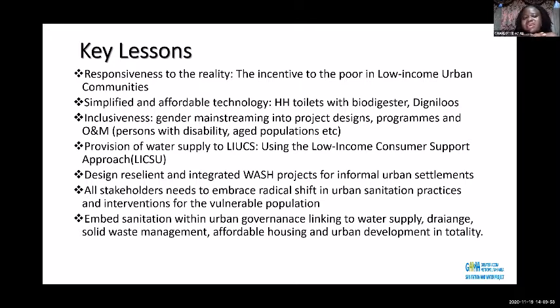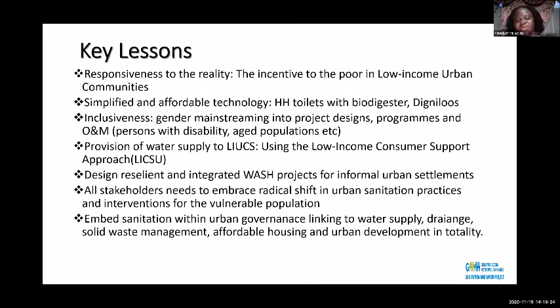And then simplified and affordable technology is an option we have to explore more for these communities. And also inclusiveness. We have to integrate gender mainstreaming in all our designs and programs, especially for the vulnerable populations, and then also the operation and maintenance of their facilities, even when we give it to them for free.